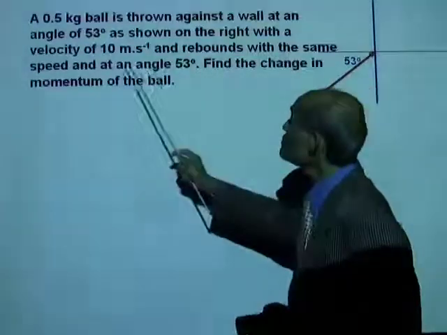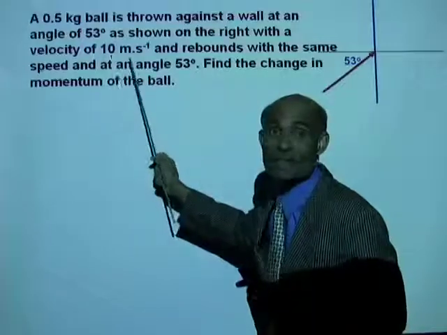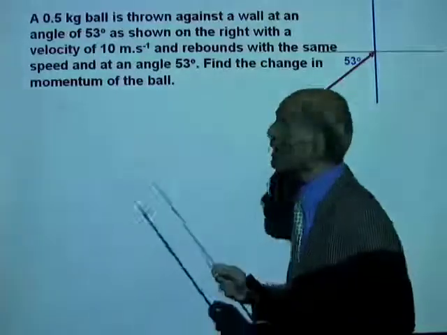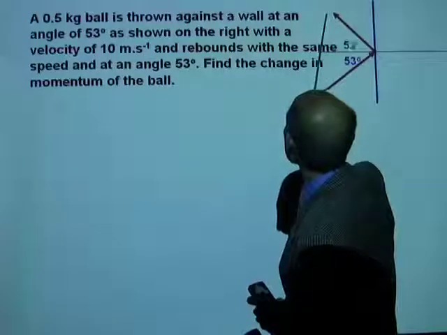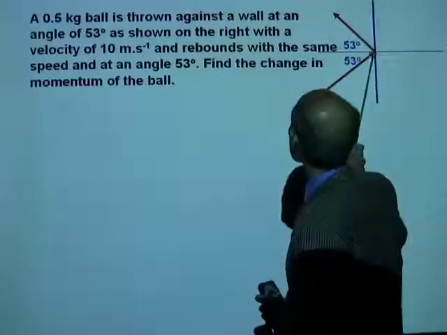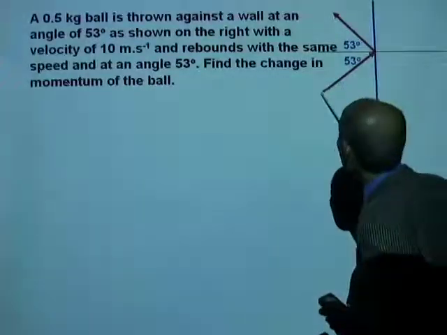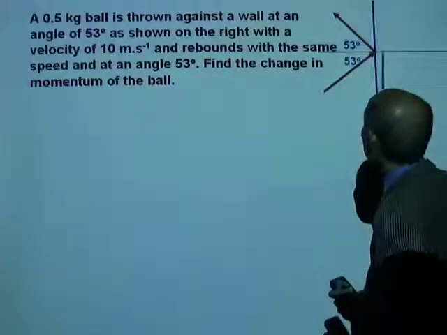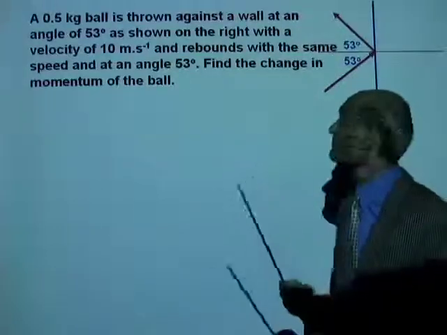It rebounds with the same speed, 10 meters per second, at an angle of 53 degrees. Now, it rebounds at 53 degrees as shown in the diagram. This is the velocity of impact, and this is the velocity of rebound.